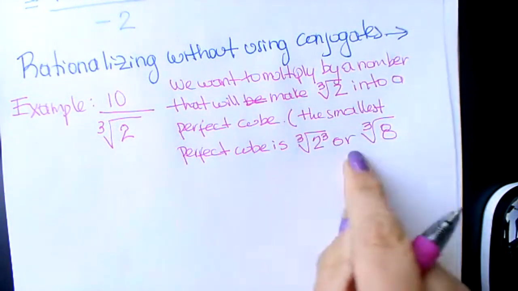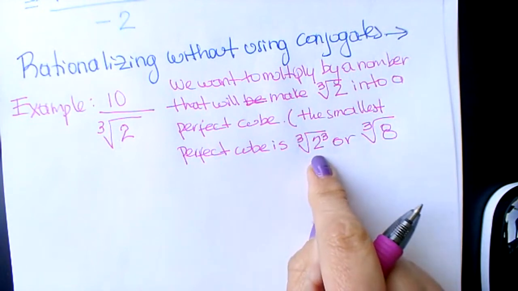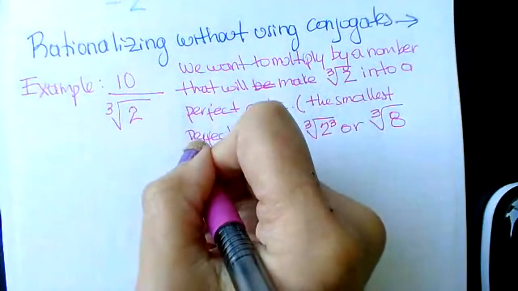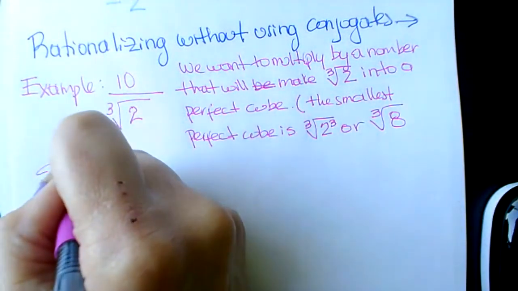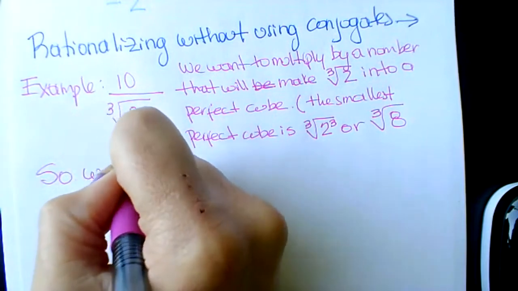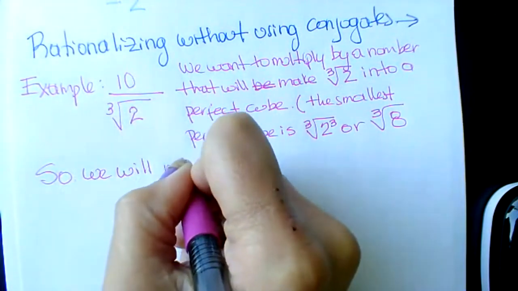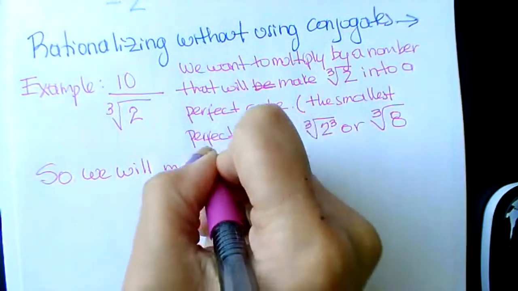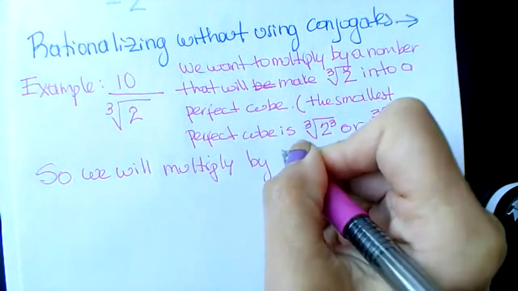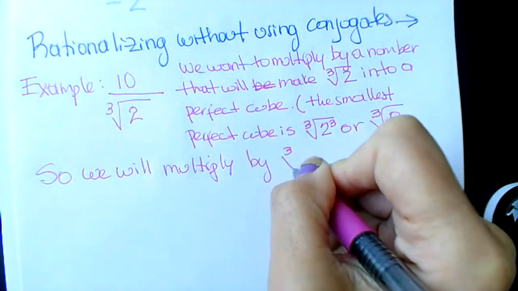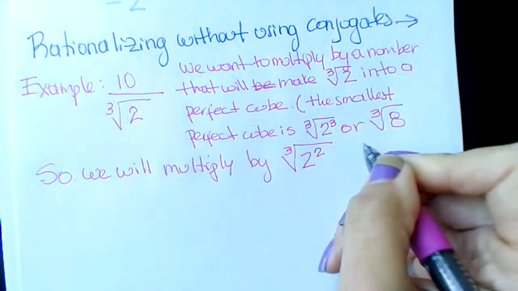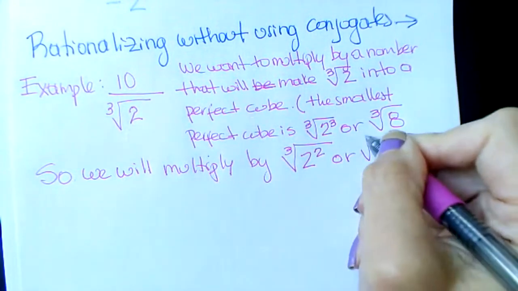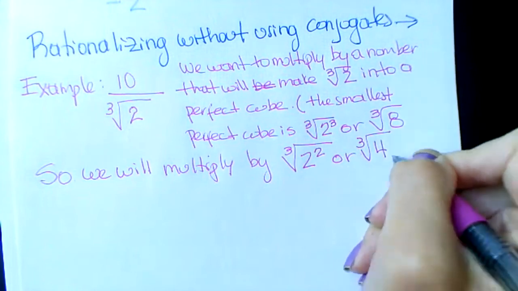So in order to make this, what do we need to do? We need to multiply by, let me write it down, the cubic root of what? We have a 2, so we need 2 more. Or we could say that we're going to multiply by 4.